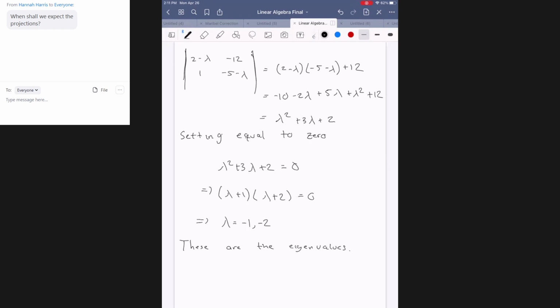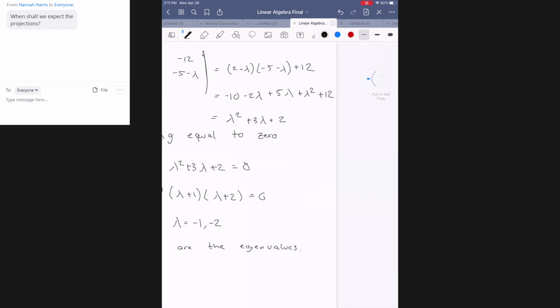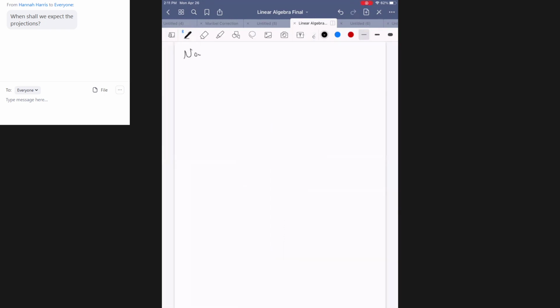Well, now we know how to find the eigenvalues. So how do we find the eigenvectors?